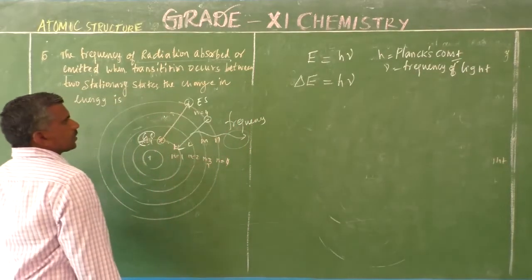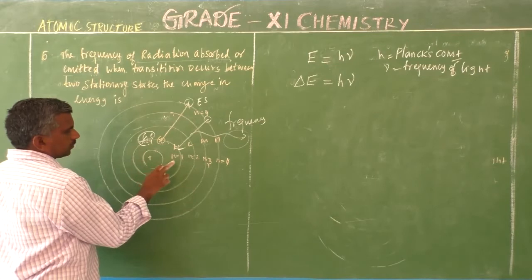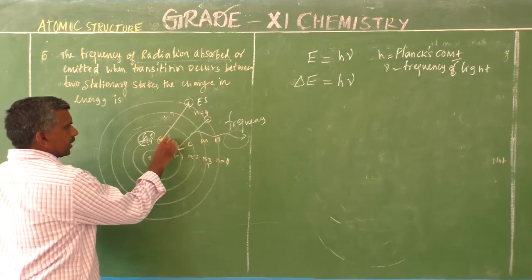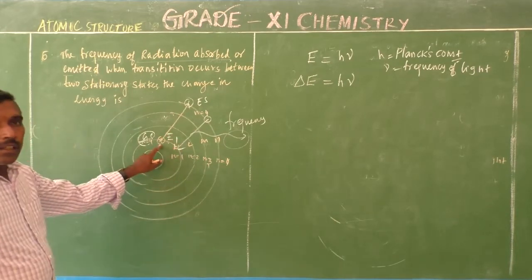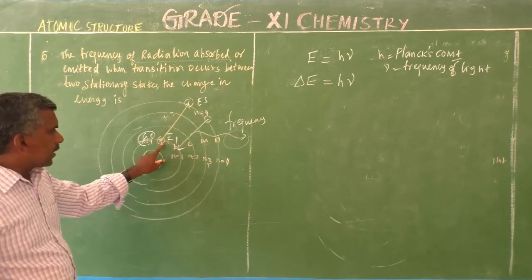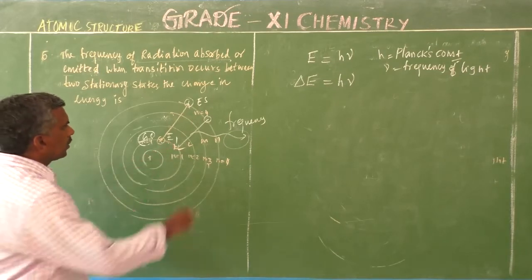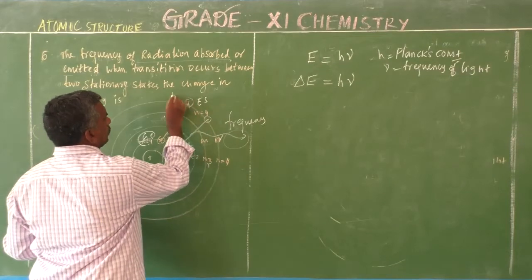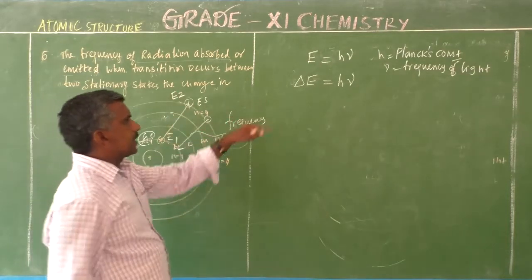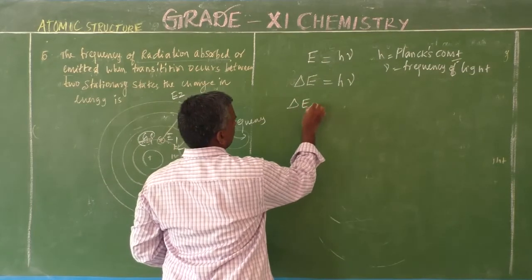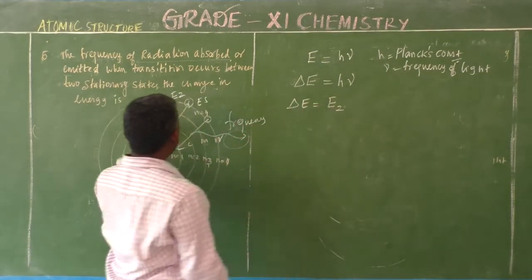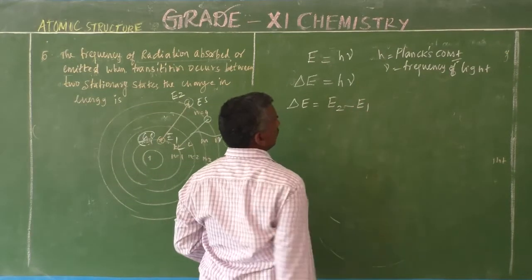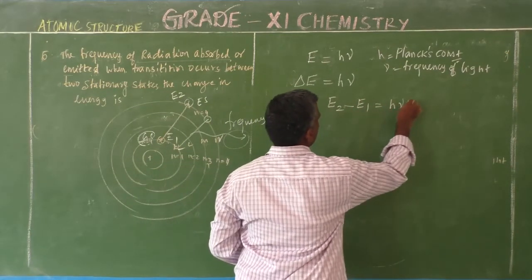Okay, this is E1. The electron present in the K cell, the n equal to 1 state, has energy E1. The electron present in the N cell has energy E2. Delta E is equal to the final energy state minus the initial state, that is equal to h nu.